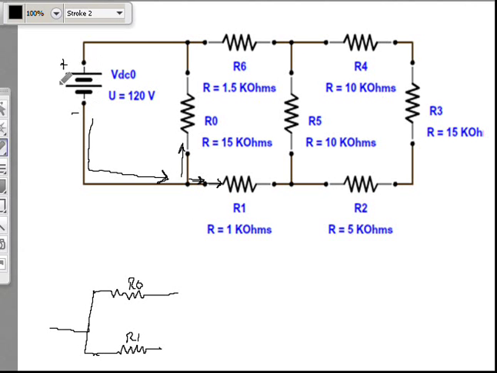Remember, the big bar is positive, the little bar is negative on your voltage source. Exiting R1, I go into another split. On this split, I've got R5.